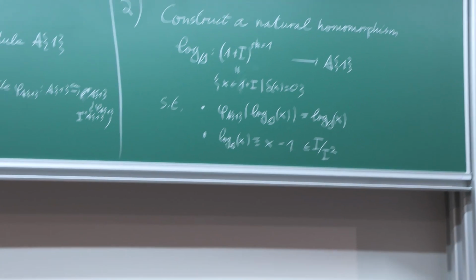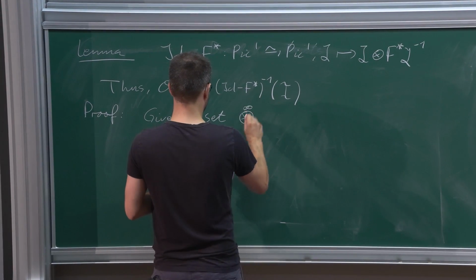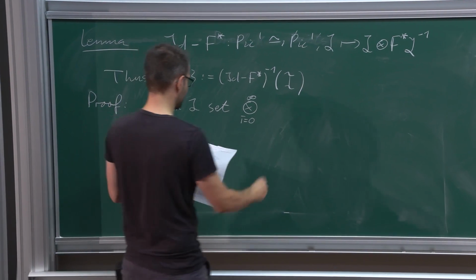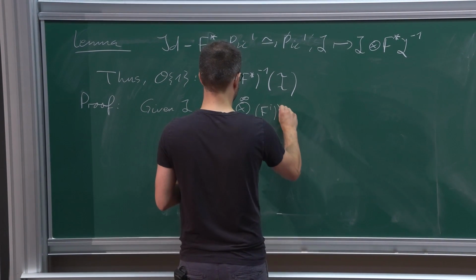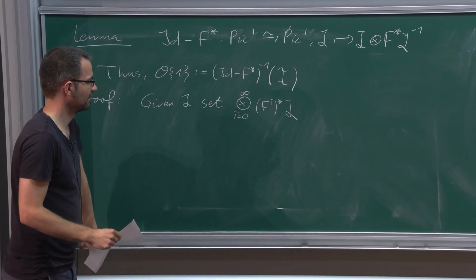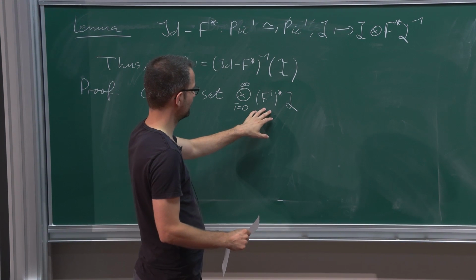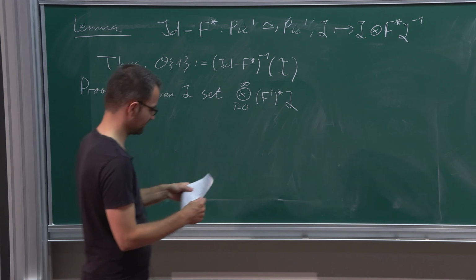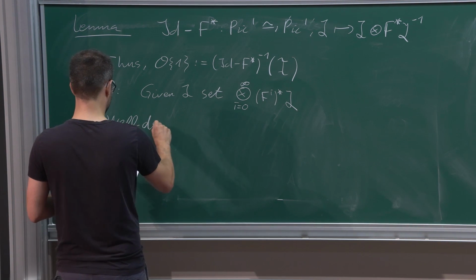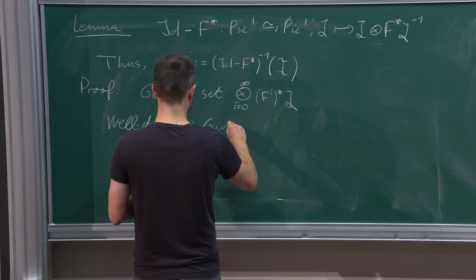Namely, given L, as its unique inverse, one can take the tensor power over all the Frobenius pullbacks of this line bundle. And so one has to see that this makes sense. And this relies on the following.